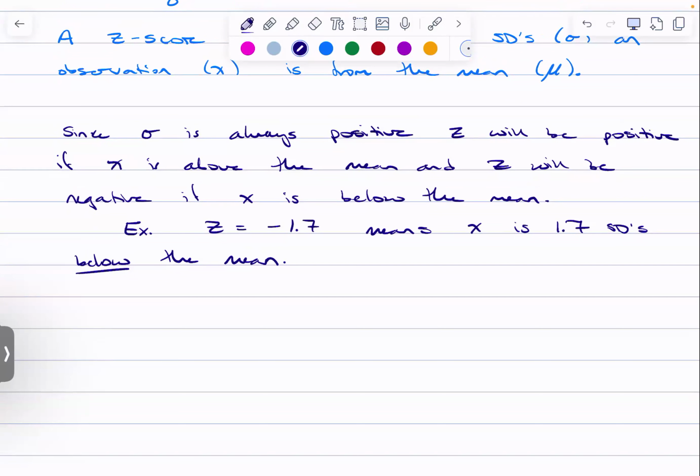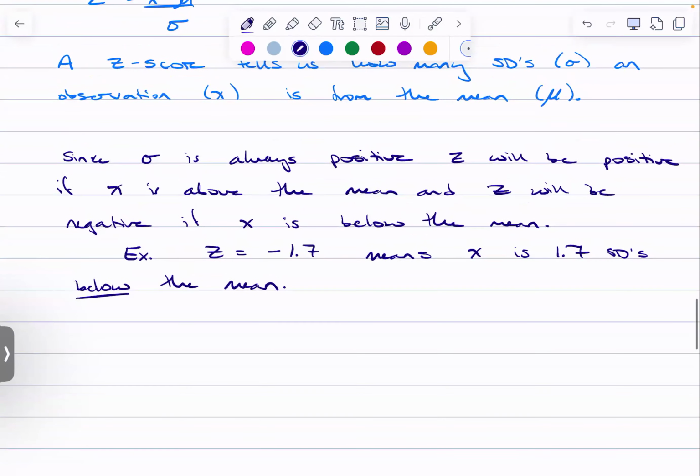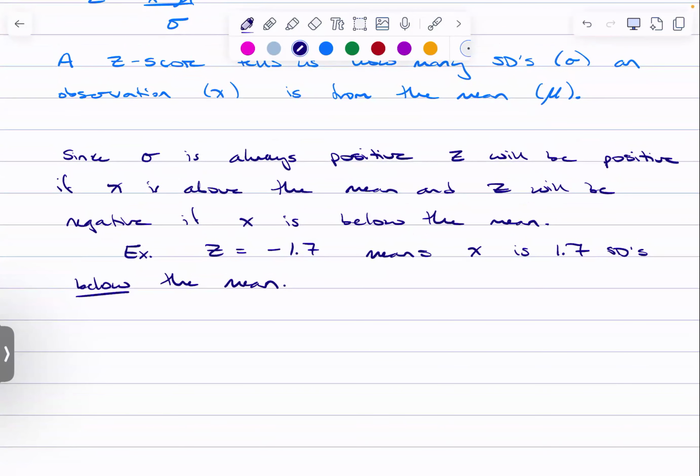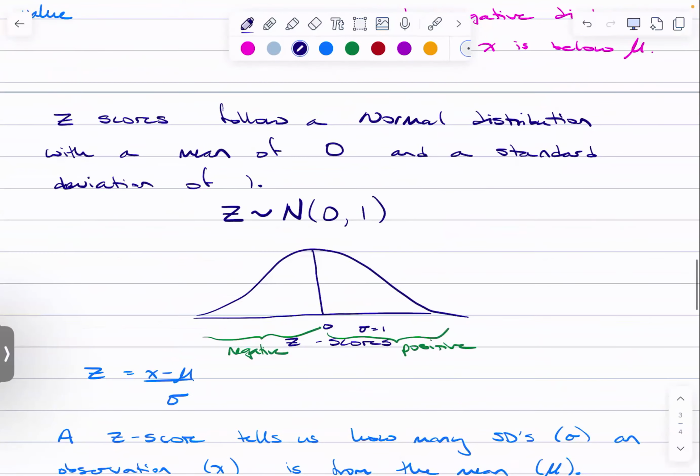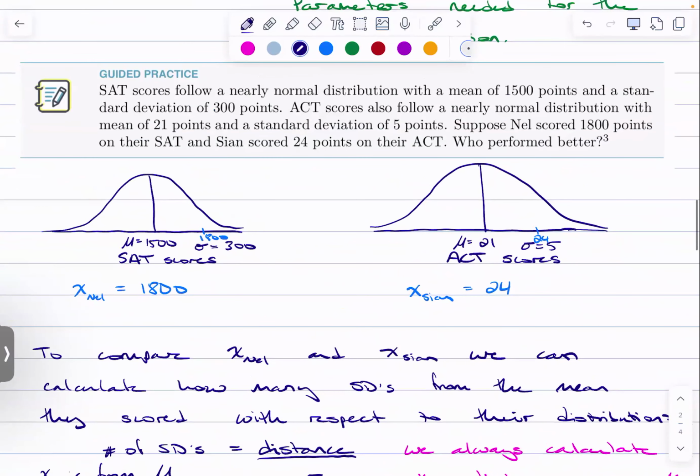All right, let's see here. But we do use it to compare values, bringing us back to Nell and Cian. Who scored better? Right? And so we can calculate a Z score for Nell, and we can calculate a Z score for Cian.